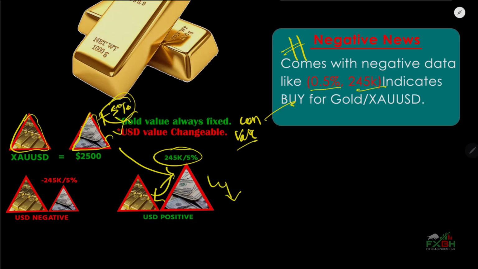And if we minus 5% from the triangle, that means for negative news the triangle will be smaller than before, and in that case gold is bigger, or gold is going up, so we will buy gold. I hope you understand about positive and negative news, and how we apply that on the forex market.